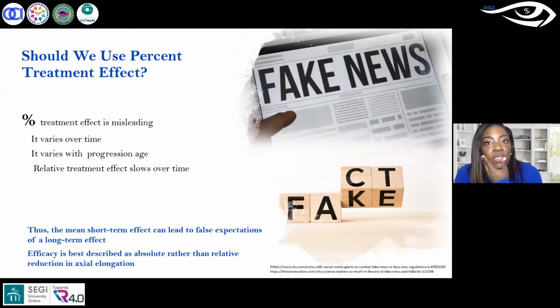So percent treatment effect can lead to false expectations about the long-term effect. Most of us feel now that efficacy should be described in absolute terms, like absolute reduction in axial length and absolute reduction in diopters, not relative percentages.